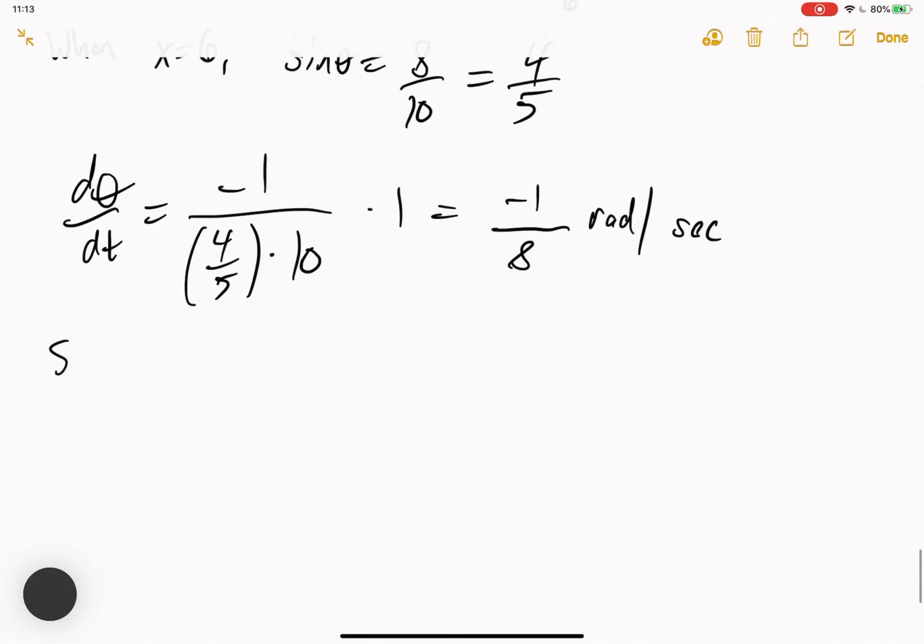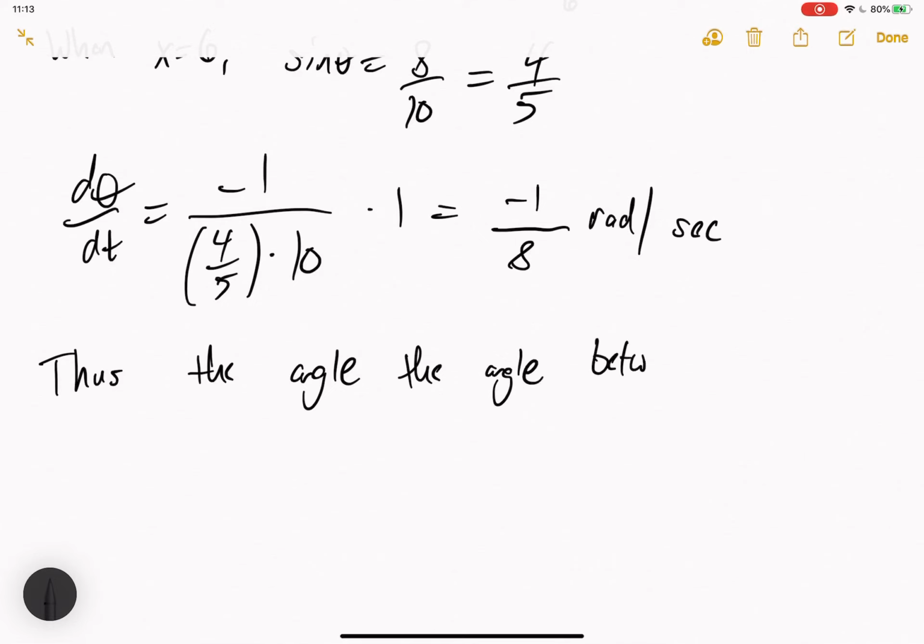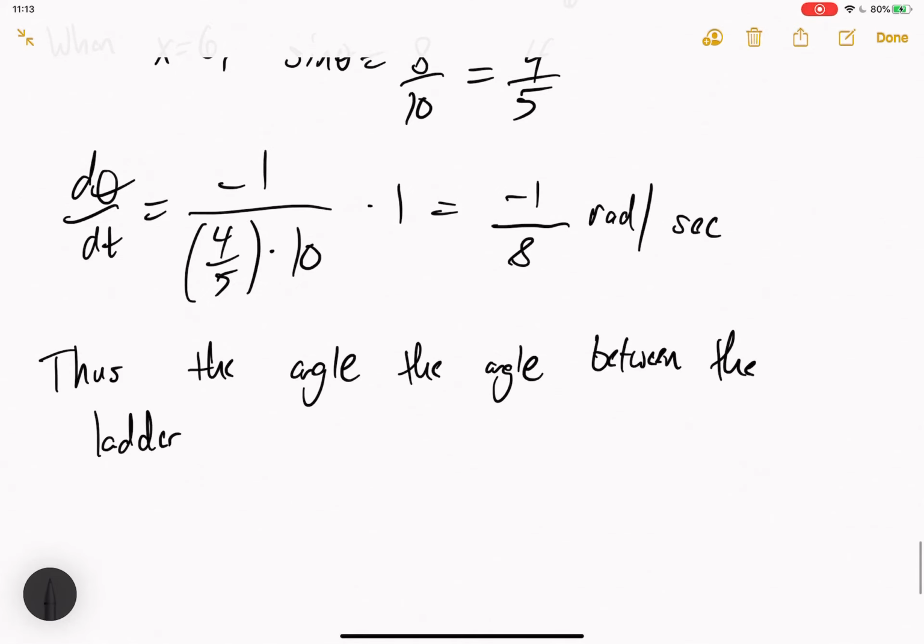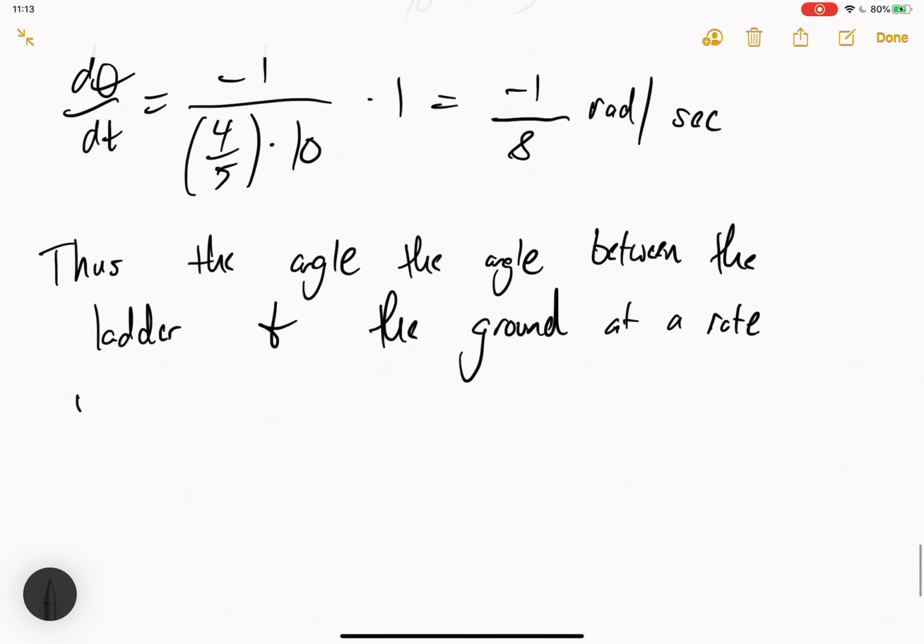So what this gives us is that the angle is decreasing, and we'll say at a rate of 1/8 radians per second.